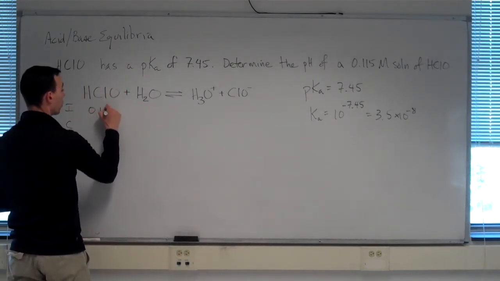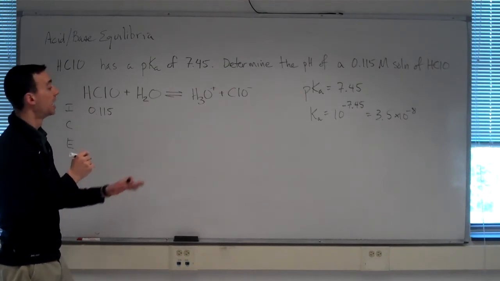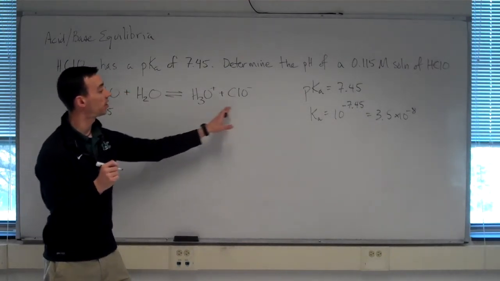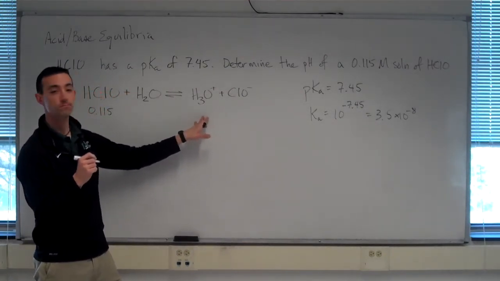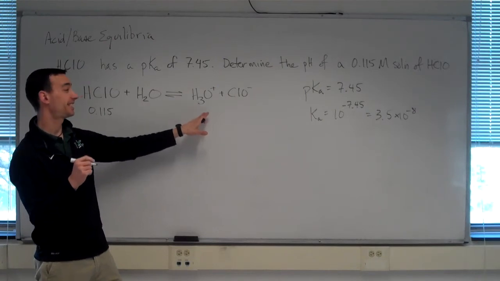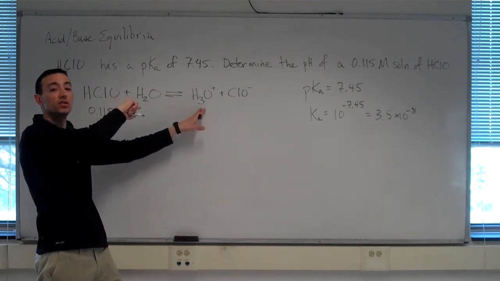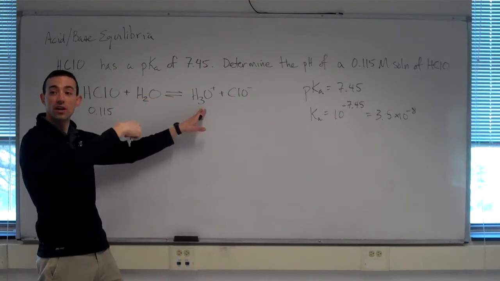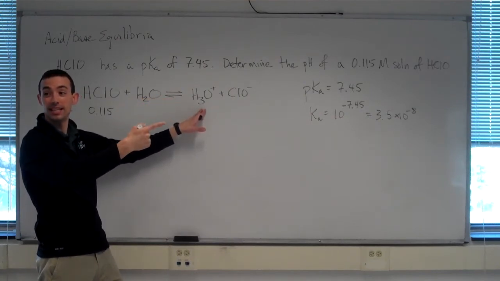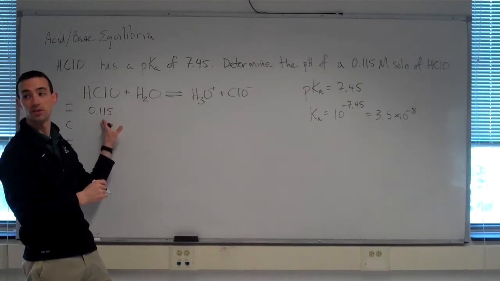So we're beginning with 0.115 molar HClO. How much H3O and ClO minus should I begin with? 0, right? Technically, there is a teeny tiny amount of H3O there because this is in water, so water would have undergone its own equilibrium, 1 times 10 to the negative 7, but that is so small that it's not worth considering.